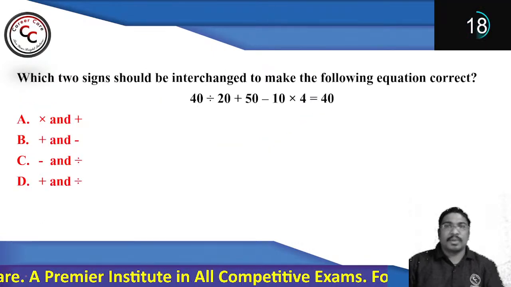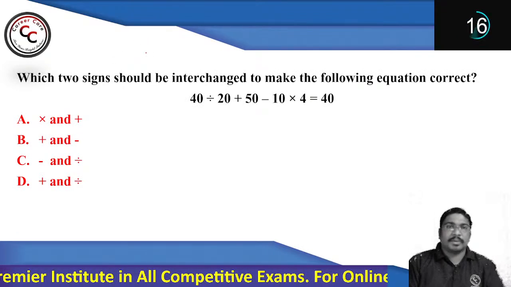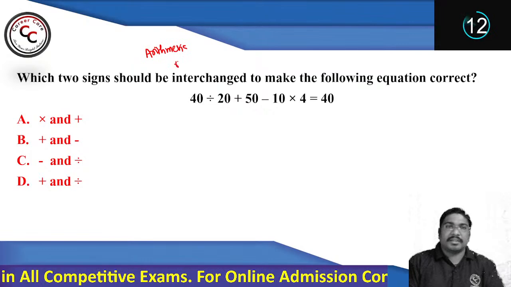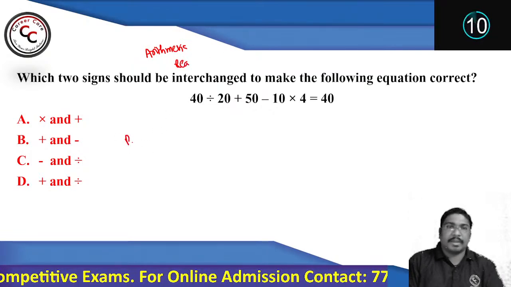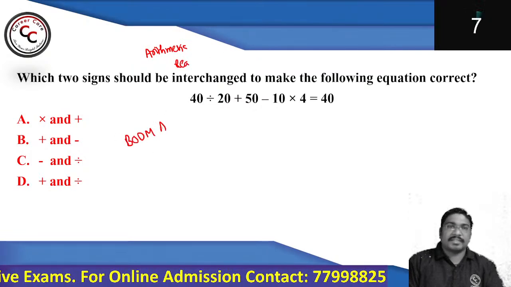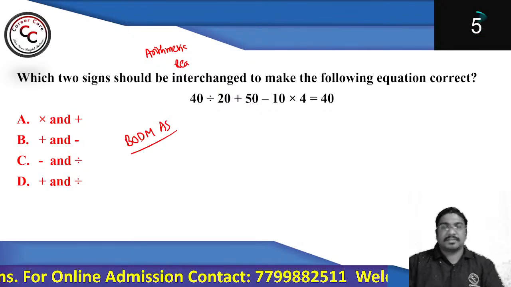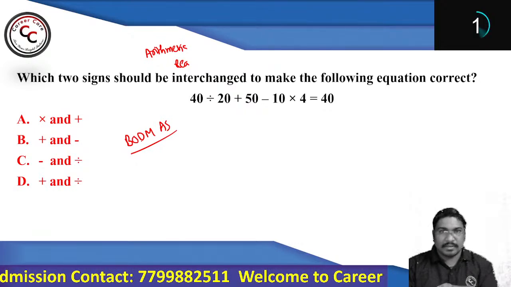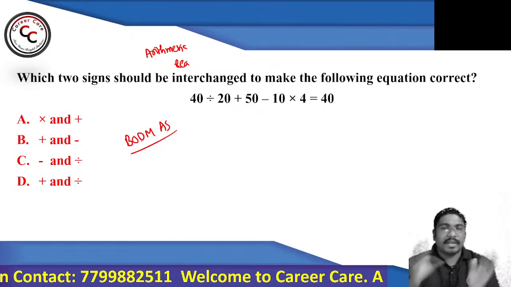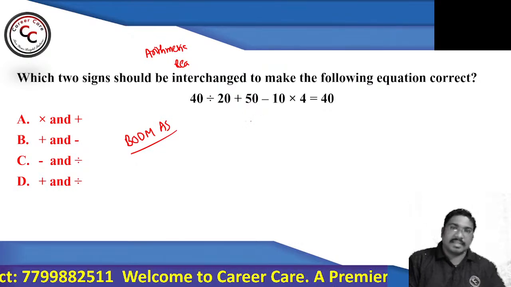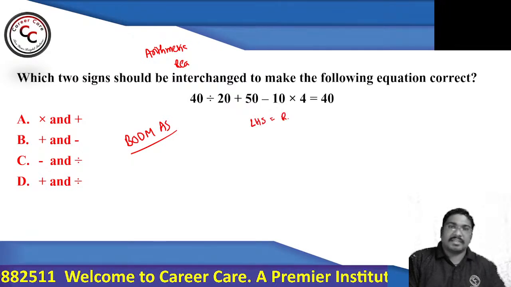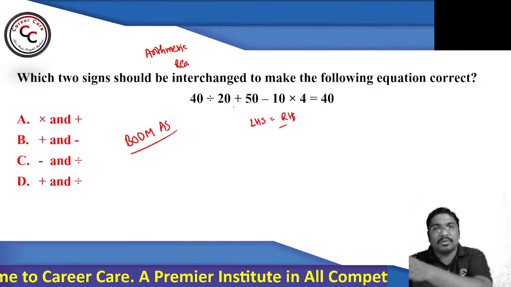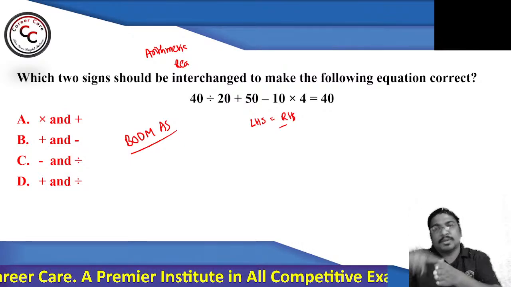Okay. Now look at this particular question purely based on arithmetical reasoning. Arithmetic reasoning. What rule? Apply and tell me which of the following two signs should be interchanged to make the following equation correct. That means you have to prove LHS equals to RHS. So this is LHS and this is RHS. That means whatever the result comes by using 40, 20, 50, 10 and 4, the resultant should be equals to 40.